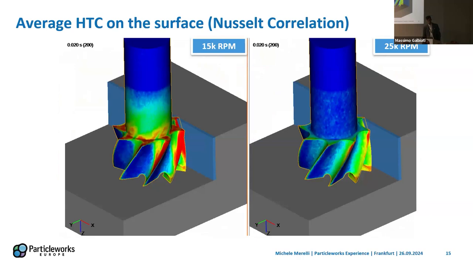Here we have the average HTC mapped on the surface depending on the RPM conditions. Again, these are regular features that were already present and available.